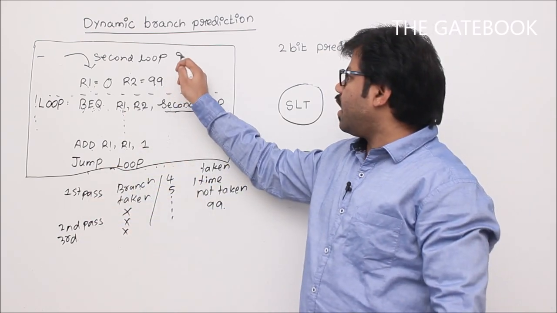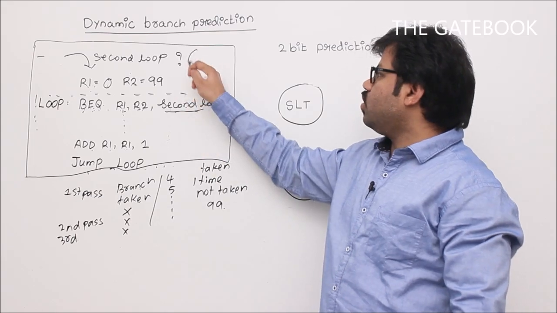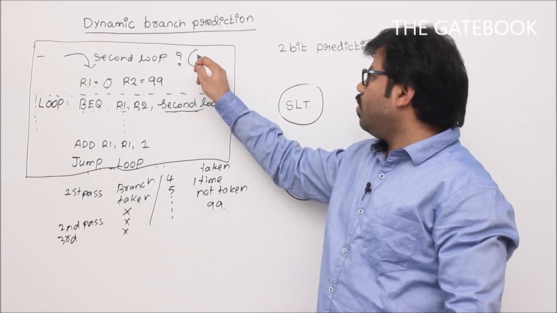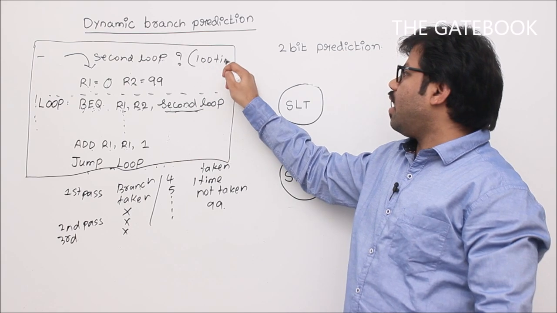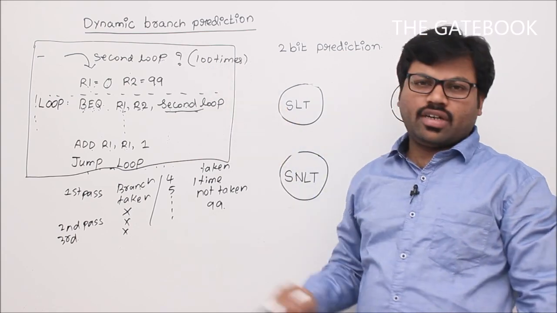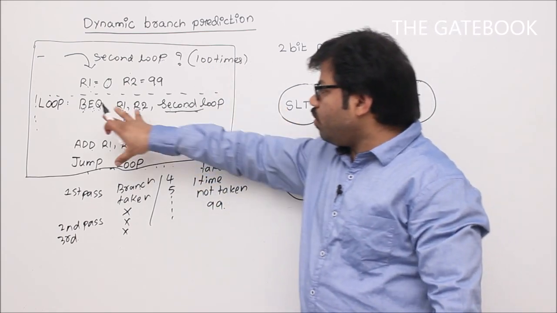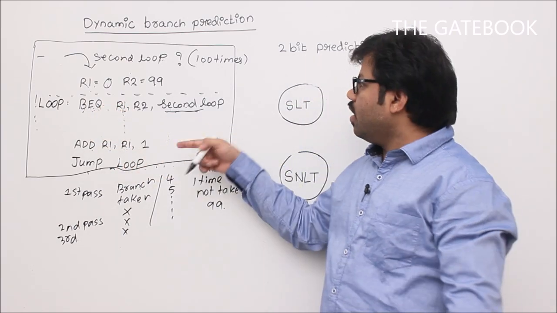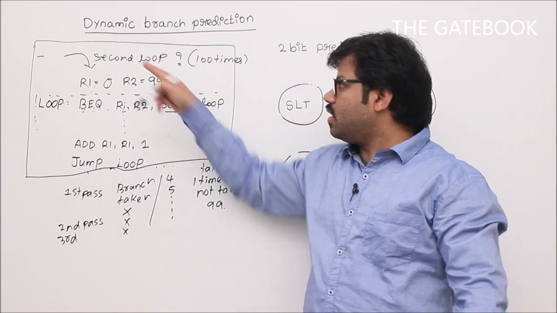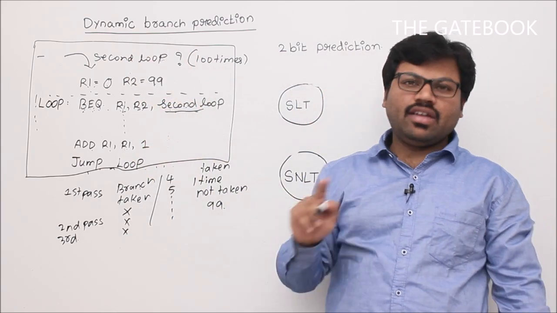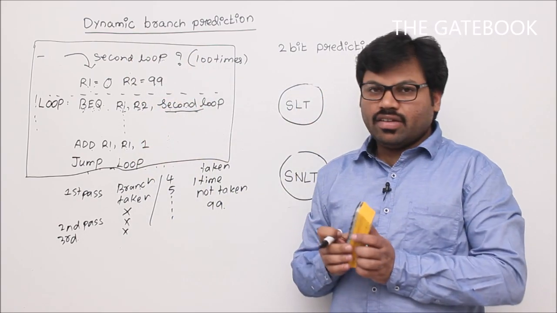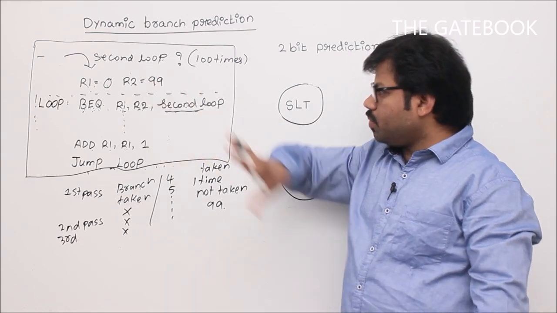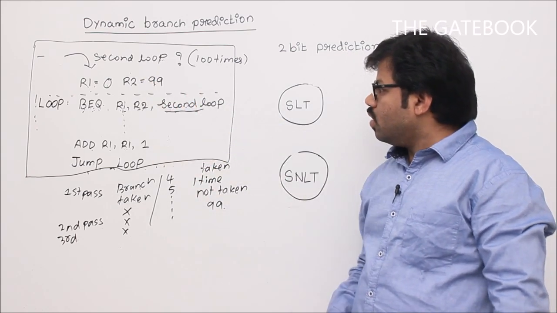So how many times will this second loop be executed? Assume that somehow you plan this second loop so that it is executed exactly 100 times. How to do that is a separate story. In the same way that we created a loop here that is executed 100 times, we can write extra code so that this second loop is also executed exactly 100 times. So finally, I just show the flow.